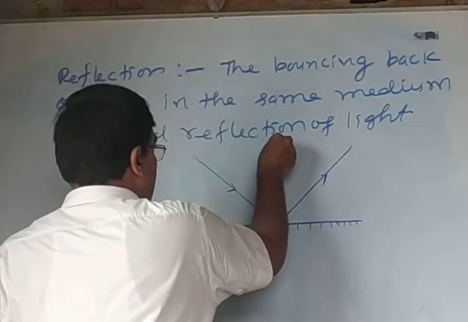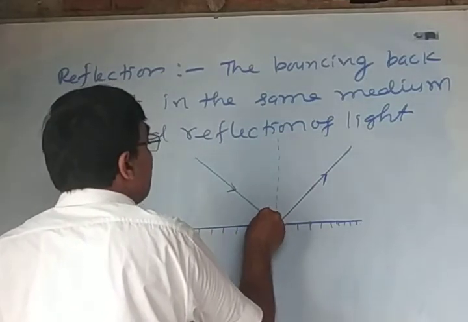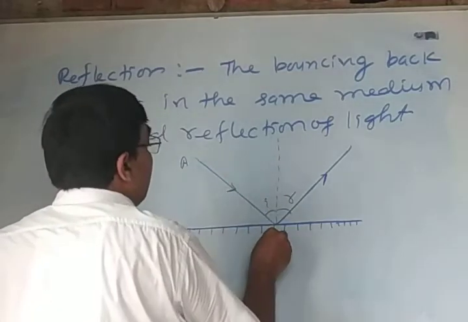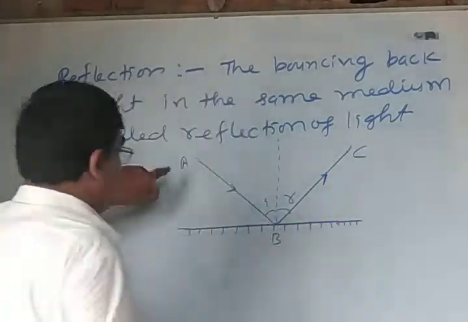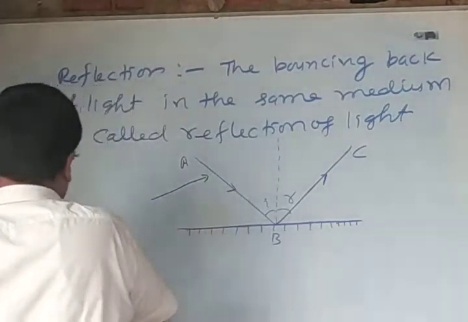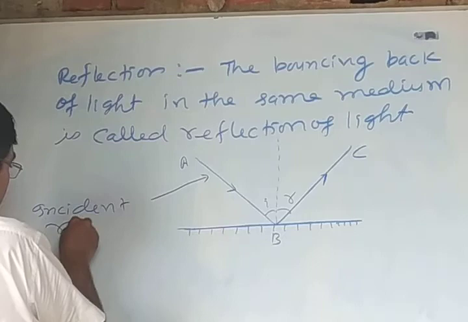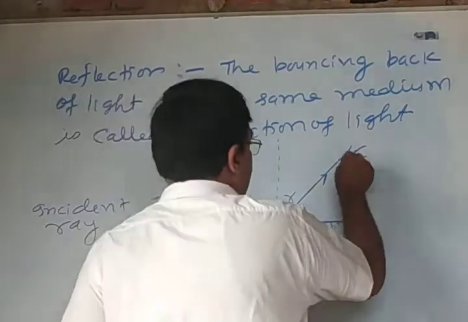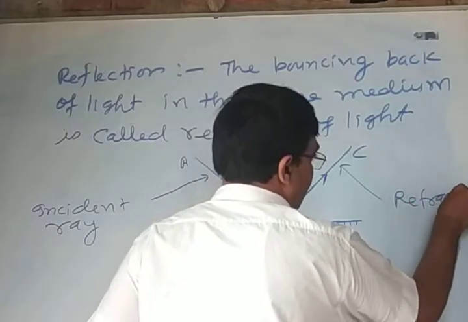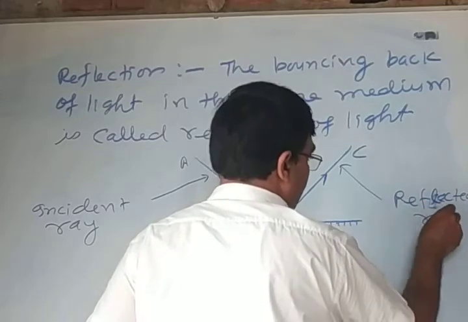This is the normal, this is the angle I, and this is the angle R. Here AB is the incident ray, and BC is the reflected ray.